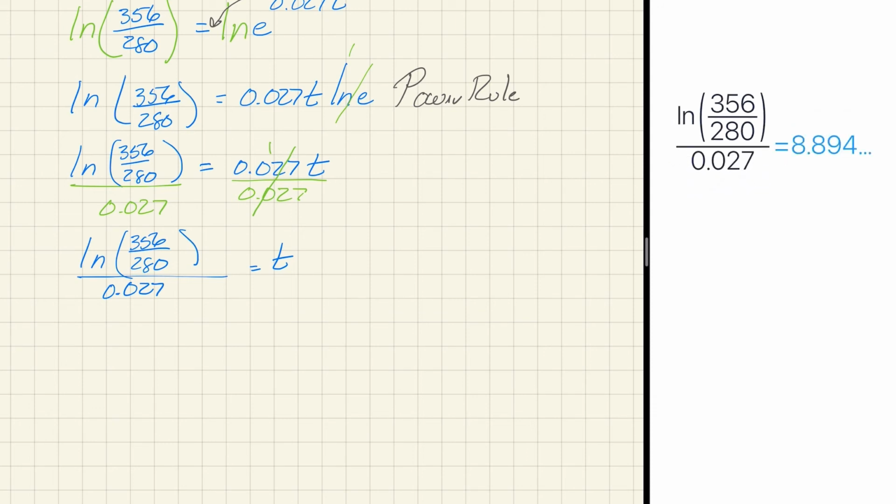All right, so t is approximately equal to 8.894, and the dots mean the number goes on infinitely. So we have 8.894 continuously. And since time is represented in years, we know that's some value represented in years.